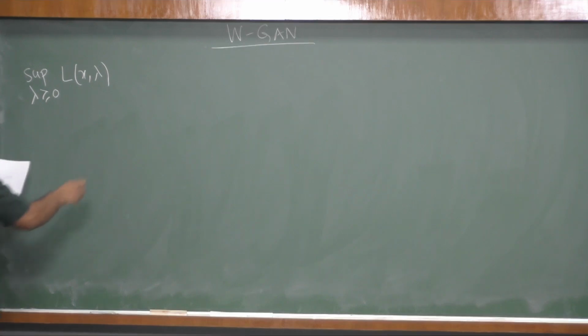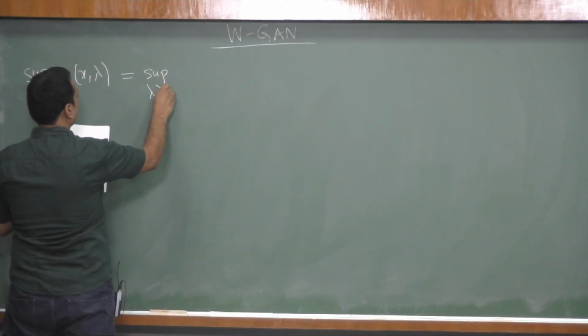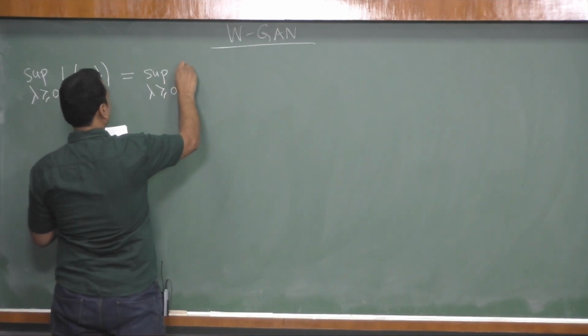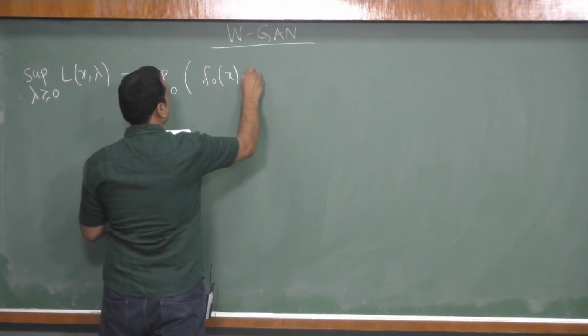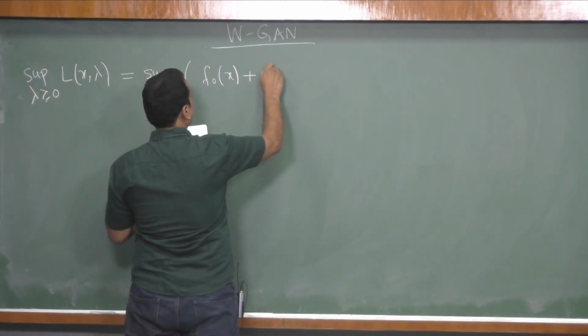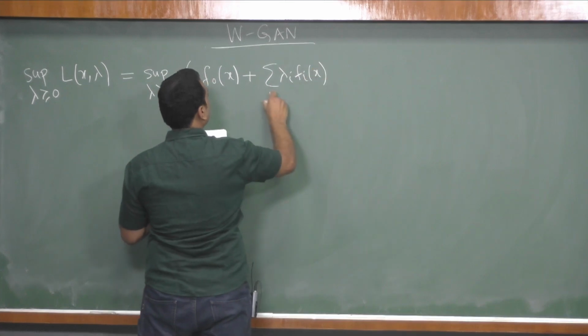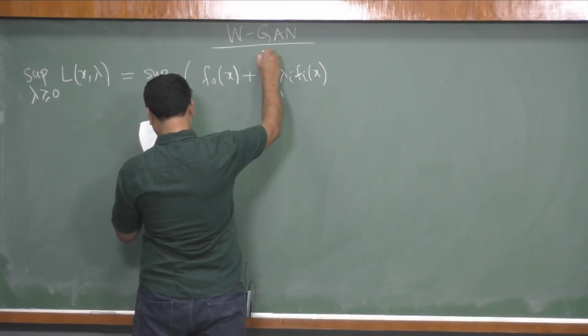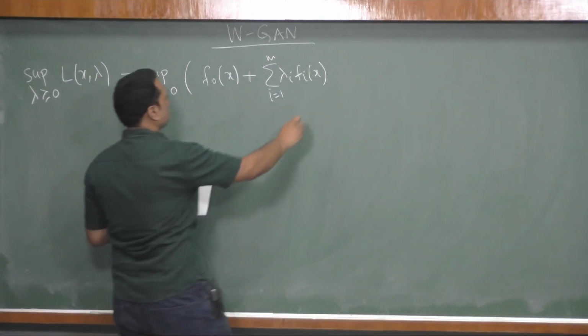So this is the sup of the Lagrangian, in this case with only inequality constraints, so f naught x plus the sum of lambda i f i x, i equals 1 to m. Right, so we are supposed to do the sup of this.